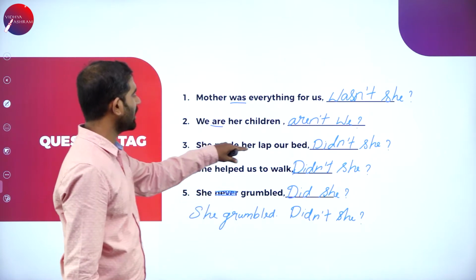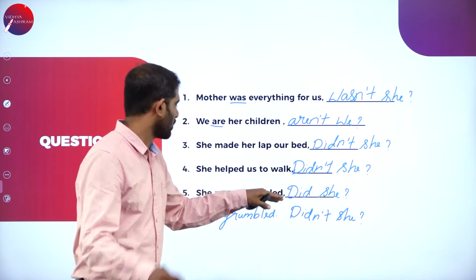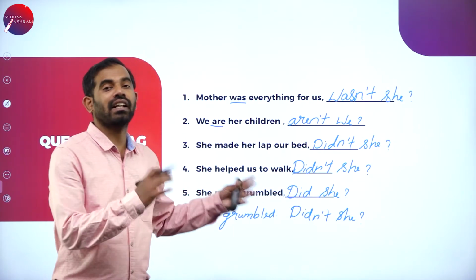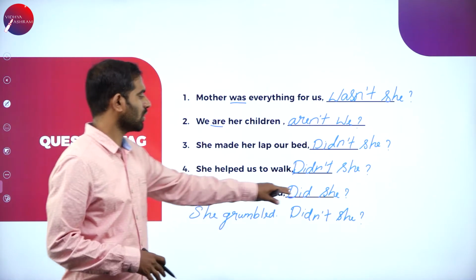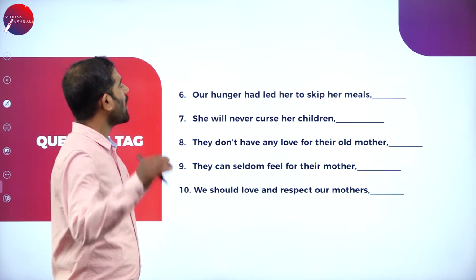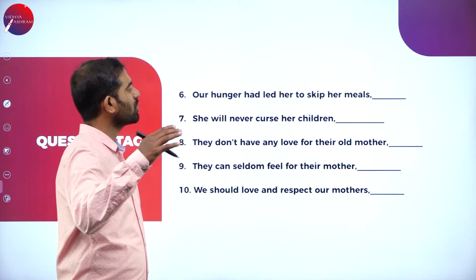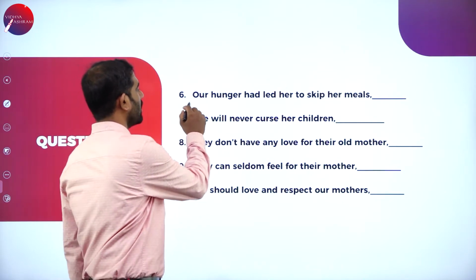Observe this. She made her lap our bed, positive. She helped us to walk, positive. She never grumbled is negative. She did not. Negative. So the question tag should be positive. Next one. Our hunger had led her to skip her meals. Check.